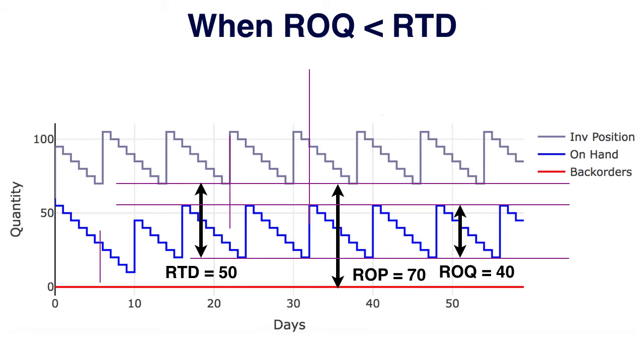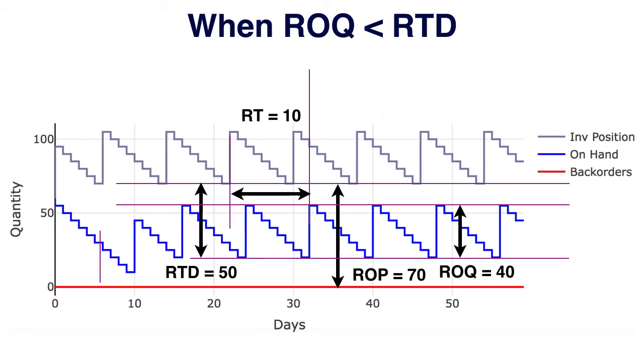What's happening here is that, and of course this RT equal to 10 is the distance. Now what happens in this situation is the order placed in the previous cycle gets replenished in the next cycle. That's what happens.